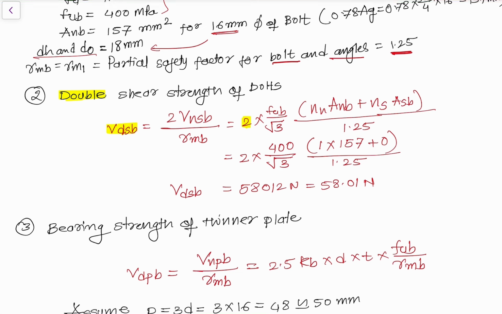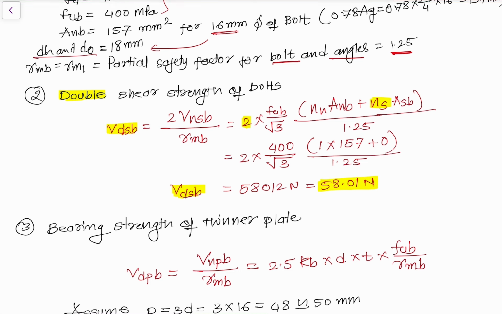So 2 into Fub upon root 3, multiplied by n_n into Anb plus n_s into Asb, upon 1.25. Now put in all the values, but n_s will be 0 because we are not calculating for the shank; we are calculating for the normal hole. So 2 into, putting all the values here, we got Vdsb as 58.01 kilonewton. See, this is a very simple concept.